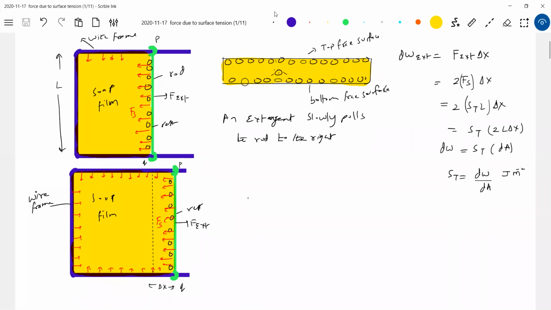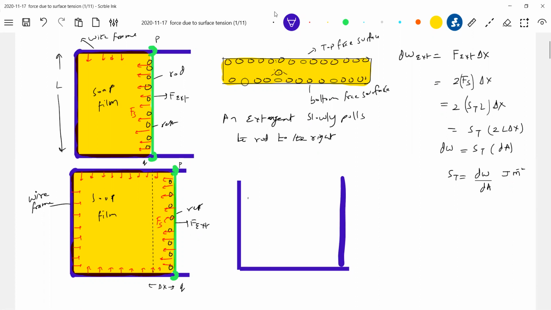For that, we have to go for some small explanation. Suppose this is a tank. We had an assumption. So these are the molecules like this.